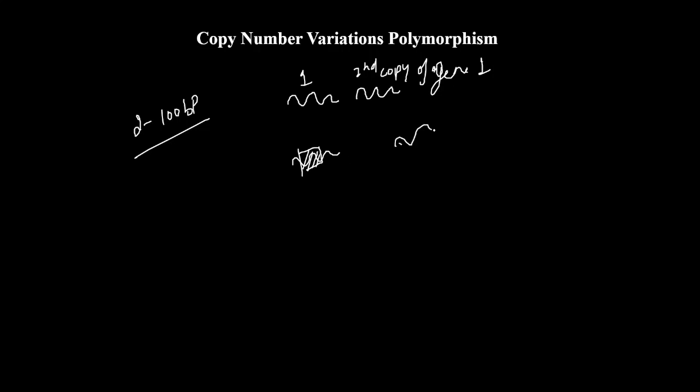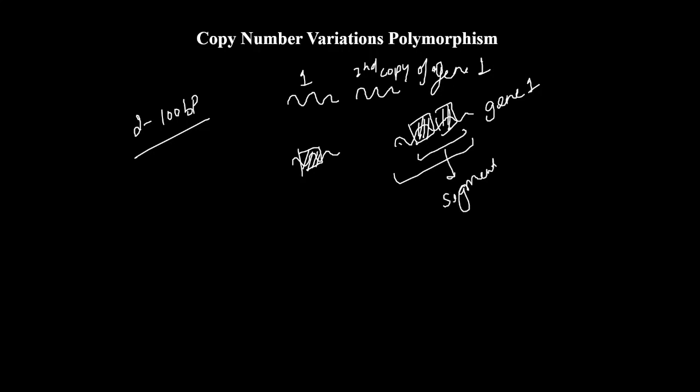So in one individual there is only one copy, and in another individual this particular segment in gene 1 could be present in multiple copies.